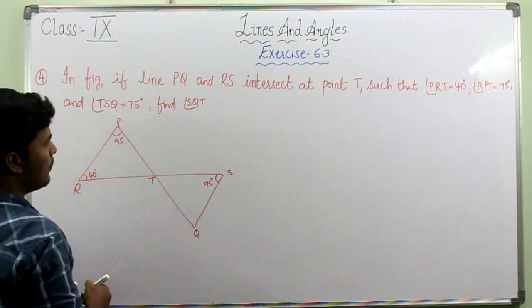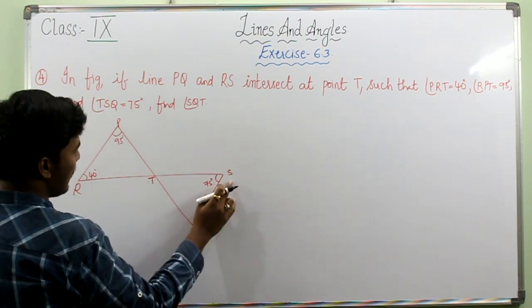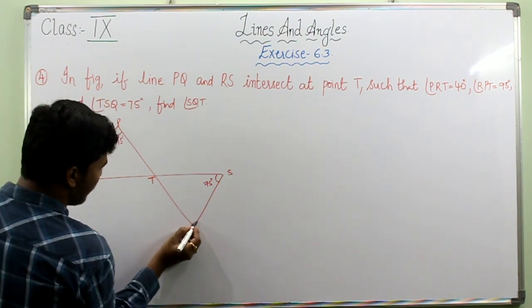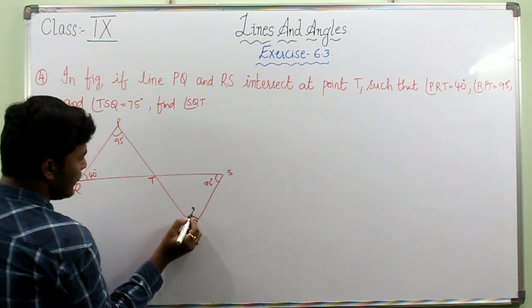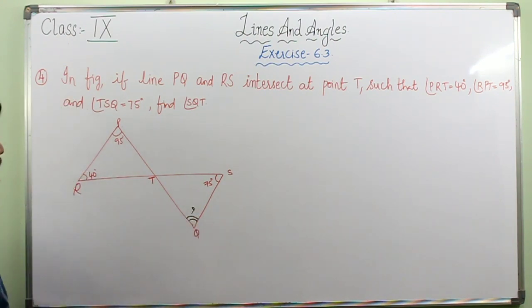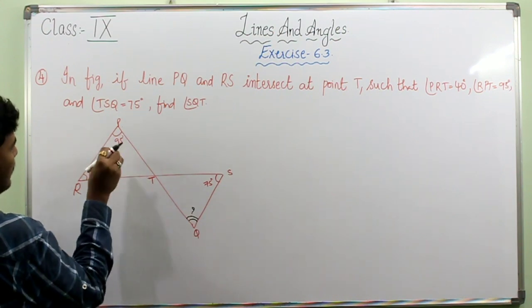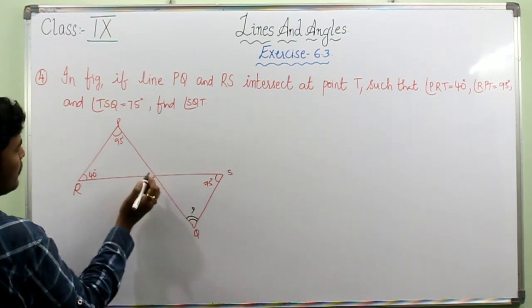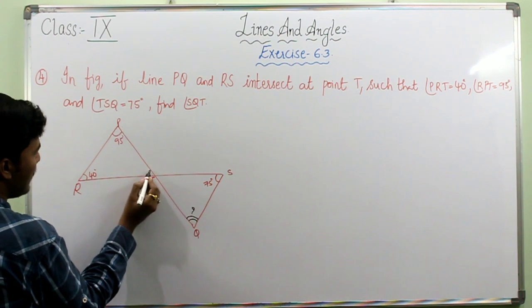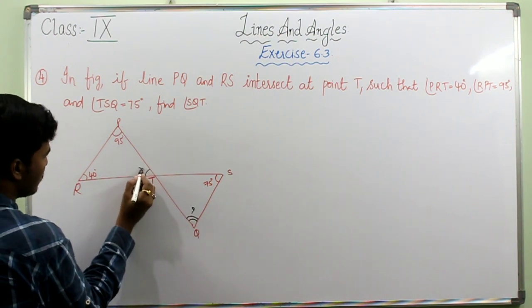We have to find out SQT. In order to find this, let us consider this as two triangles. As I don't know this angle, I am taking it as X.